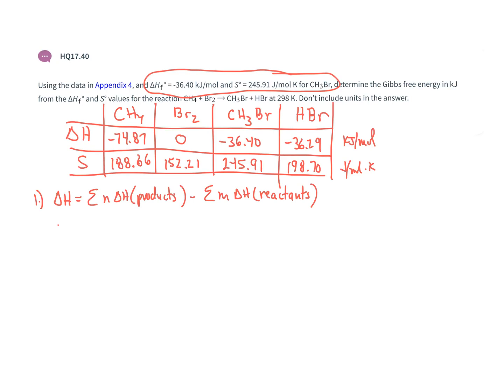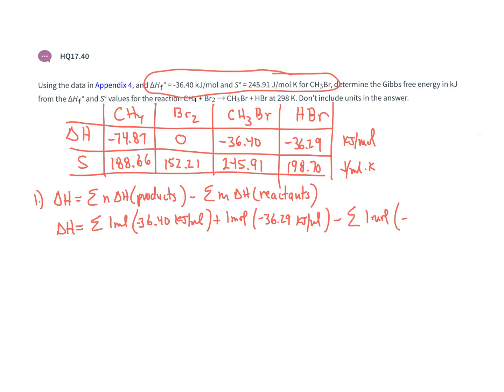And so if I plug in the information for this calculation, for my products, I have the methyl bromide. So I have 1 mole of methyl bromide at negative 36.4 kJ per mole, plus 1 mole of HBr at negative 36.29 kilojoules per mole, minus from the reactant side, just the 1 mole of methane at a negative 74.87 kilojoules per mole.